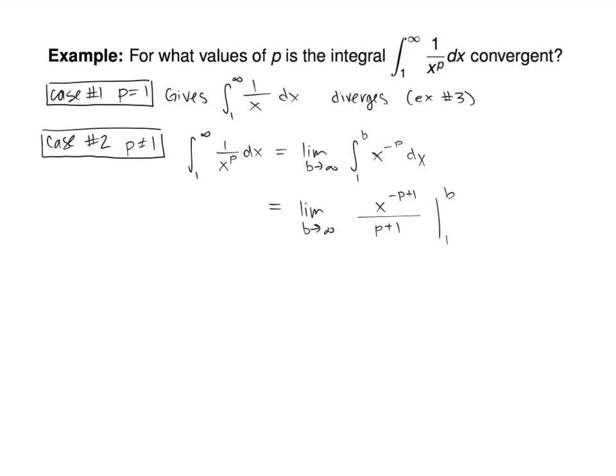For the purpose of this exercise, are we assuming p does not equal 0? If p equals 0, you have 1 over x to the 0, which is 1. That's not a problem. I mean, that wouldn't really be any math, that'd just be, oh look, you have 1. The rule still works for that.